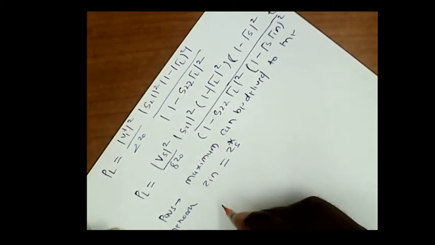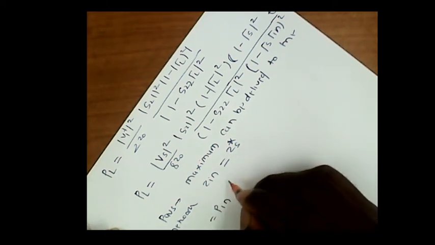So we can calculate the power available from the source, PAVS, which is P in when gamma in is equal to the complex conjugate of the reflection coefficient of the source.